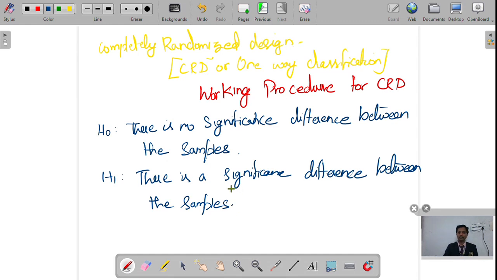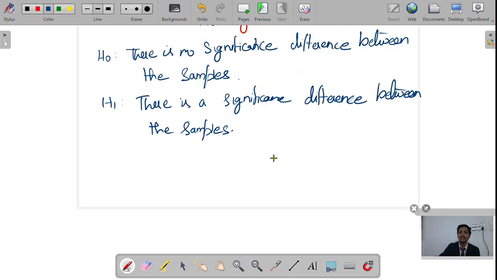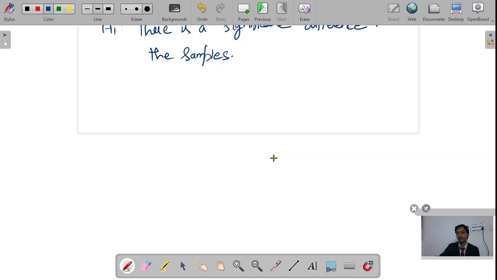After that we move on to the steps. There will be two types of problems we are going to see: one is row wise and the other is column wise.